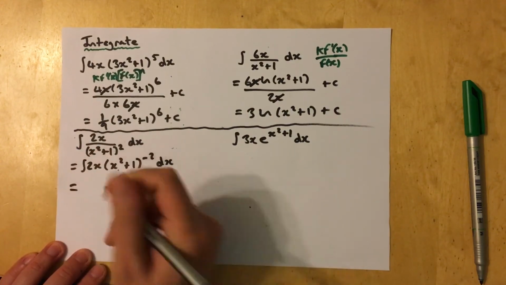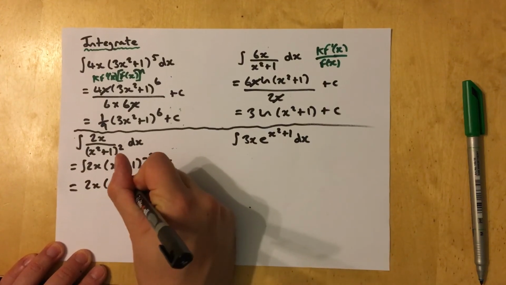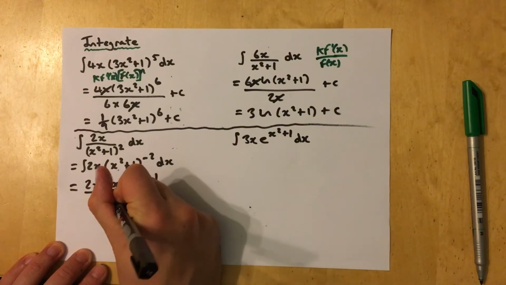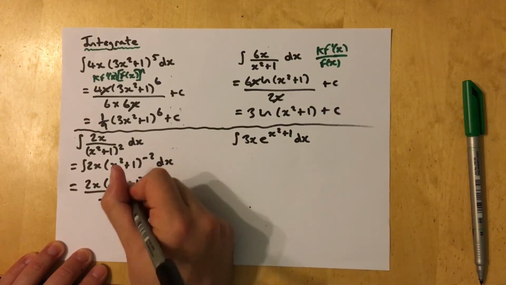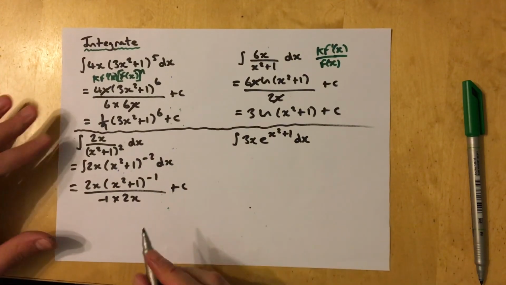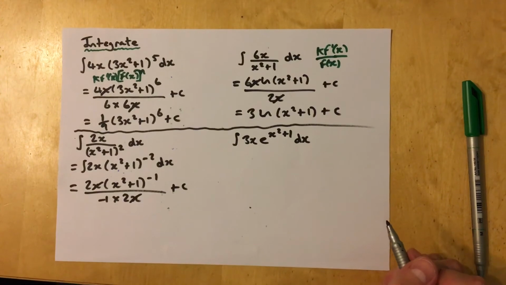So using the same method, I'm going to leave everything alone, just add 1 onto the power. Then we divide by that new power, multiply by the derivative of the inner function. Again, things are cancelling down nicely.